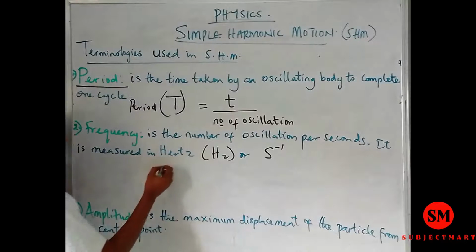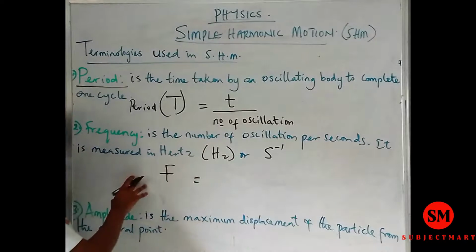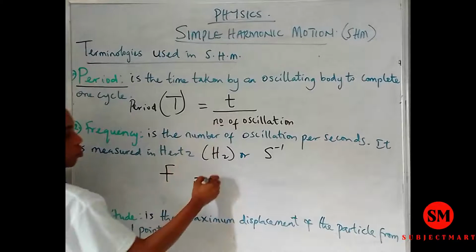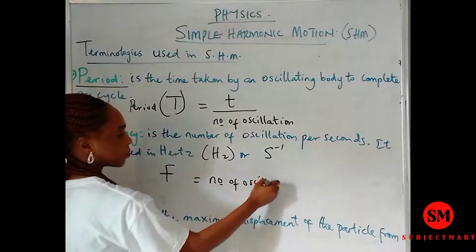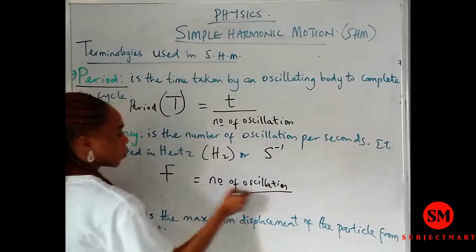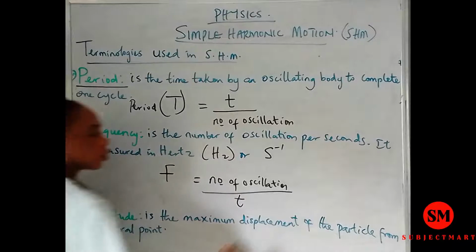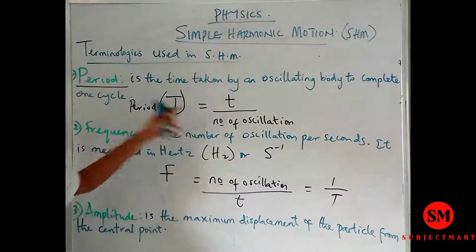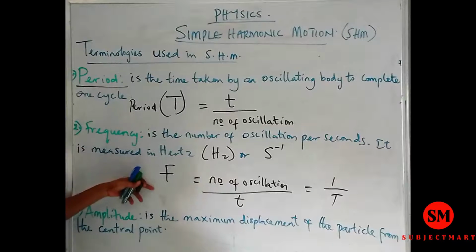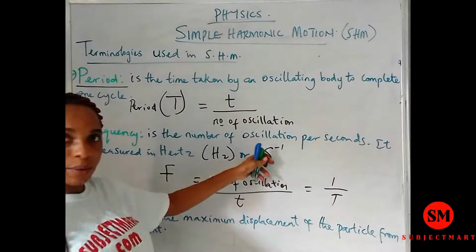For frequency, capital F, it is the inverse of this. So it's just going to be number of oscillations over small t. In other words, we can just say 1 over T. So it's the inverse of the period. That will give us frequency. And frequency is measured in hertz or per seconds.